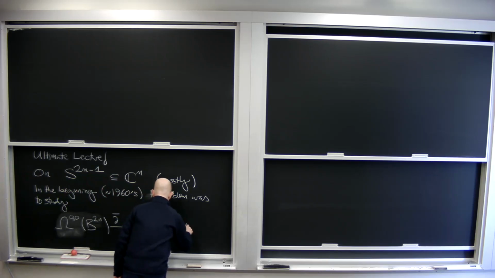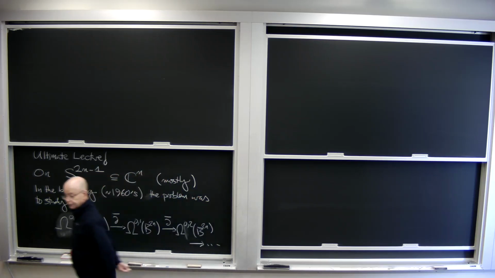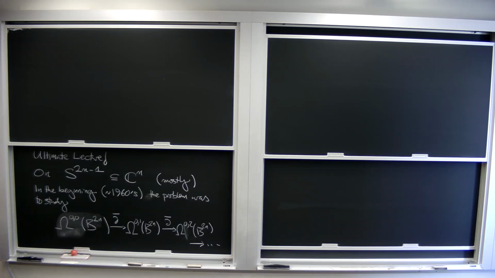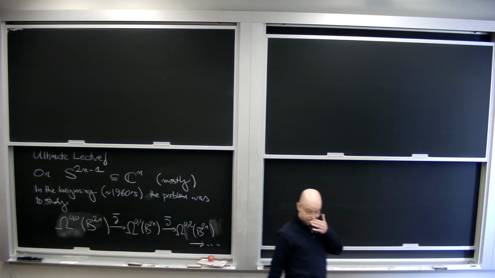Which is, if you like, a complex analytic version of the de Rham complex. And so inquiring minds wanted to know something about the analysis of this complex, and in particular, the Hodge theory of such a complex.